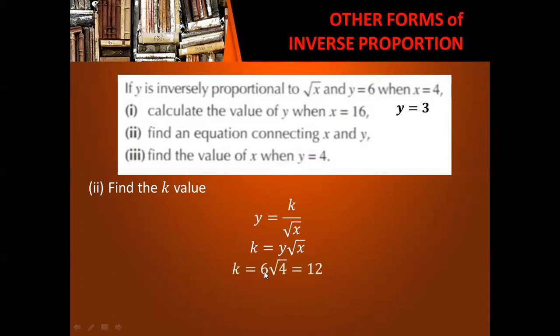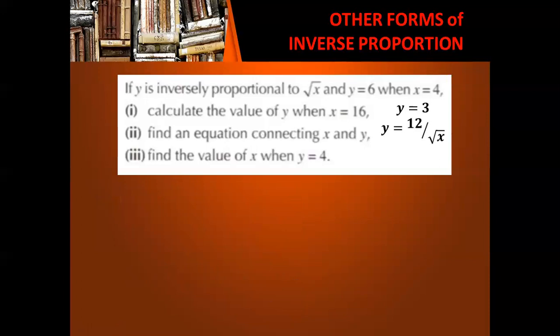We'll now have 6 times the square root of 4. Square root of 4 is equal to 2. Multiply that to 6, we have 12. Substituting 12 to k, we now have y is equal to 12 over the square root of x. And this is the equation that connects x and y in this scenario.